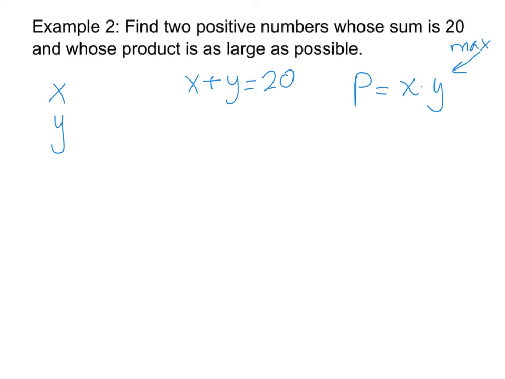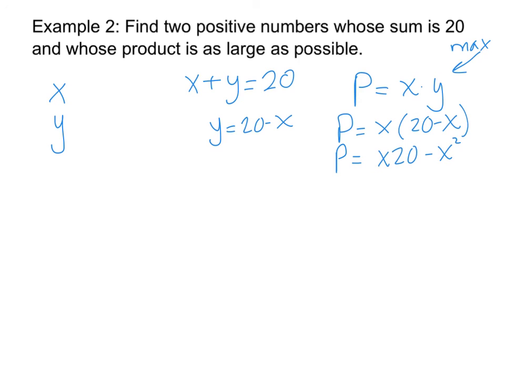I'm going to solve for y, put it back into my problem, and simplify just a bit before I take the derivative. Don't forget to take the derivative. So take the derivative, and I get 20 minus 2x, set the derivative equal to 0, and solve.